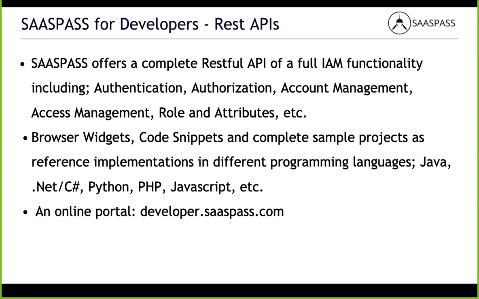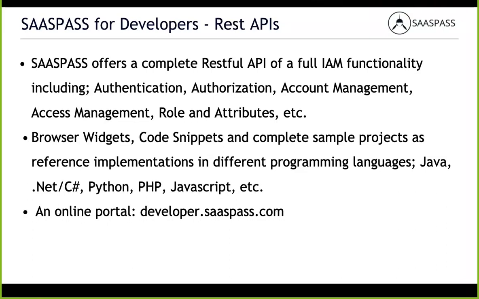First of all, let's start with the RESTful API. You can see all the capabilities of the SAASPASS RESTful API listed in the online web portal, developer.saaspass.com. Please visit developer.saaspass.com, and there you will get all the information about the SAASPASS RESTful API.